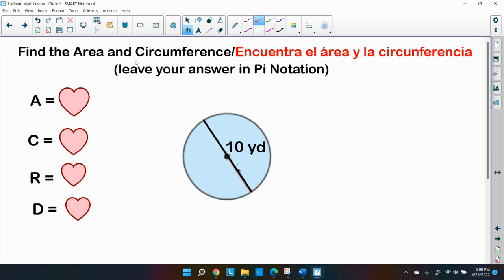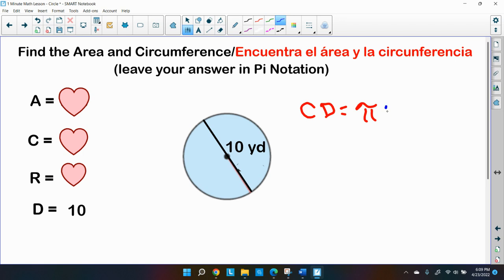So here's one for you. Find the area and circumference of this circle, and leave your answer in terms of pi again. So you see a nice long line there, 10 yards. And if you remember that 10 is a long line, so that means the long line is Big Daddy diameter. And I remember circumference goes with the letter D, CD. And all I have to do is put a pi next to the diameter.